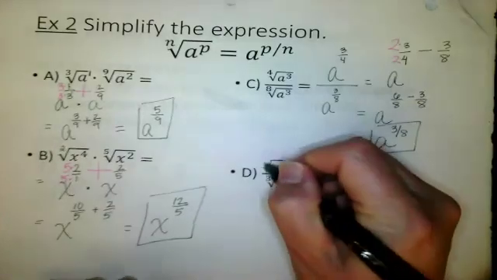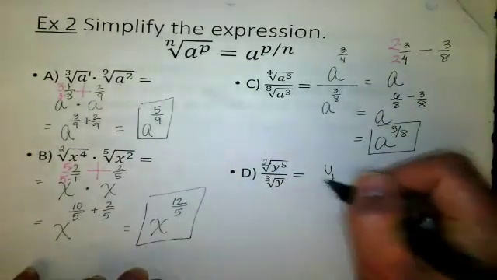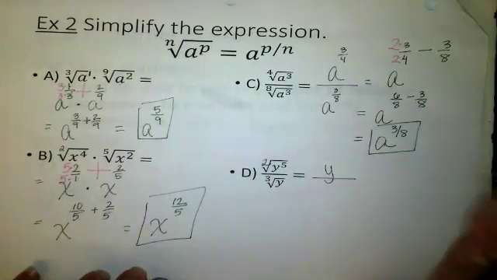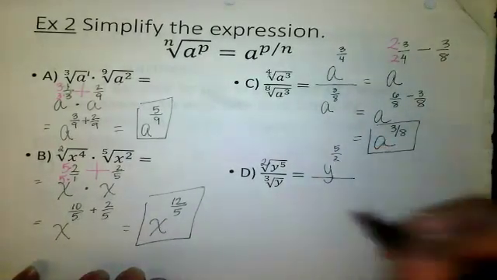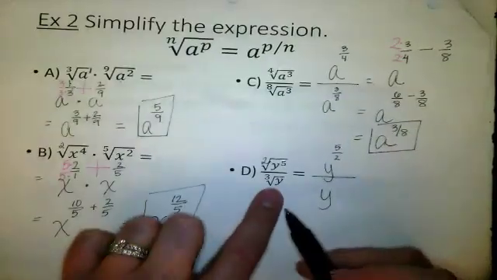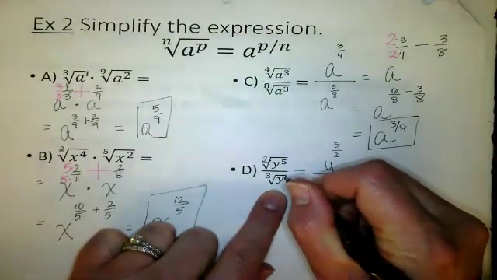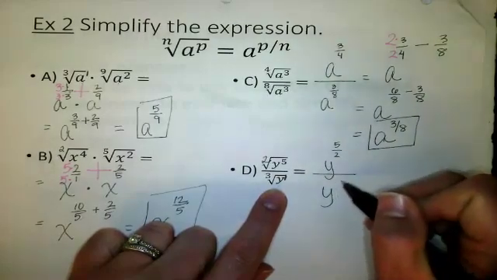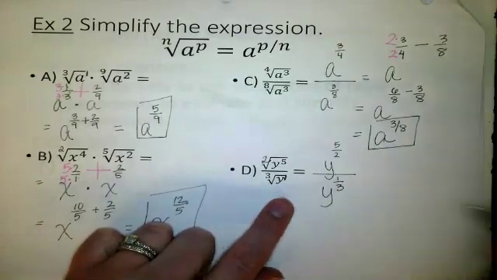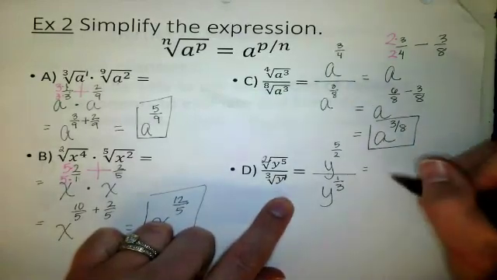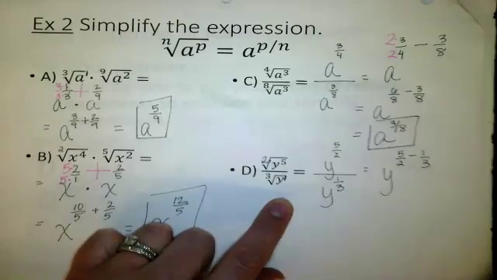All right, what's in the index here? A 2. So this is the square root of y to the 5th, which I can rewrite as y to what power? 5 over 2. And, ooh, this is y to what power? Y to the 1st. So what's the fractional exponent? 1/3. There you go. So again, we're allowed to subtract these exponents. That's going to be 5/2 minus 1/3.